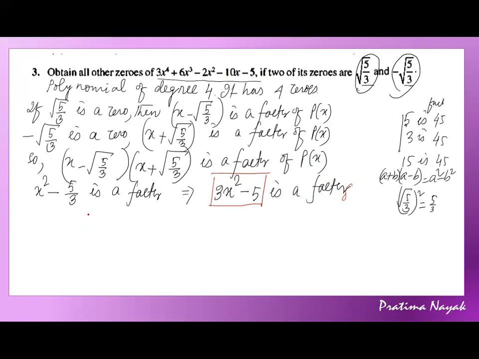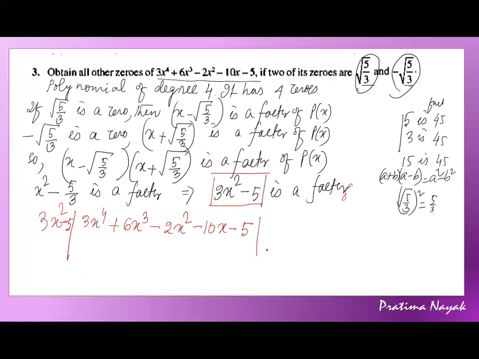So what I'll do now, I'll divide your 3x to the power 4 plus 6x cube minus 2x square minus 10x minus 5 with your 3x square minus 5. Then I'll get a quadratic polynomial which will have two factors or two zeros.